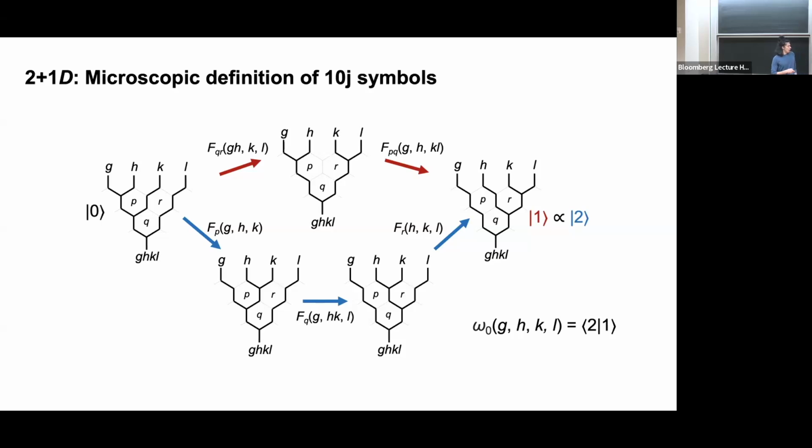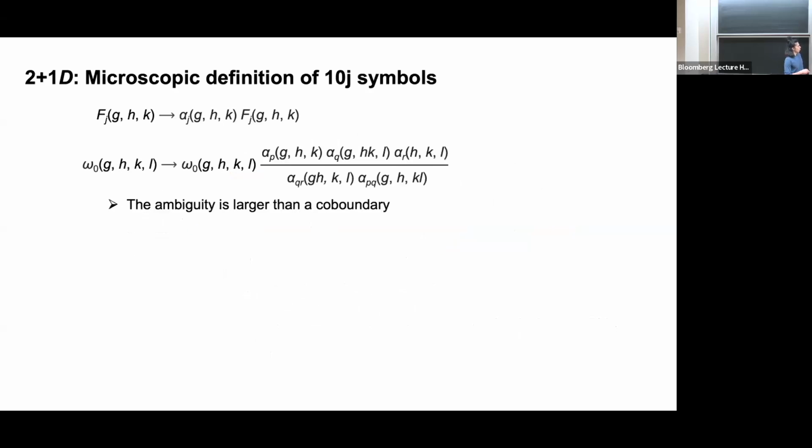But once again, in the 1+1d case, we needed 2 different splitting operators. In this 2+1d case, we actually have 5 different F-move operators, and each set of F-move operators comes with its own phase ambiguity. So there are 5 sets of alpha phases which can be used to redefine the F-move operators.